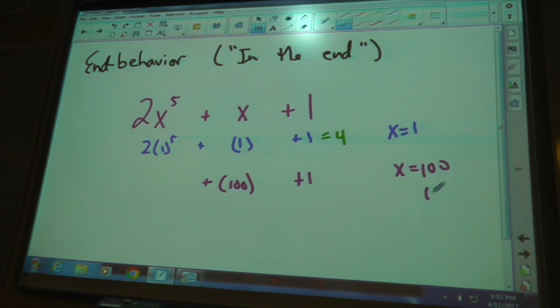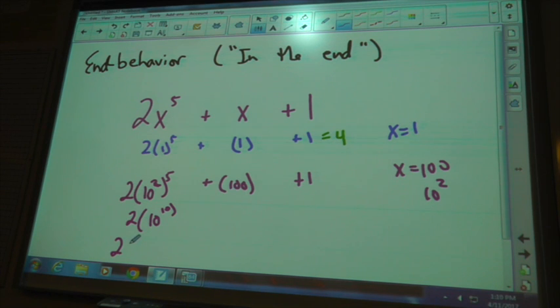What about this one? Well, another way to write this is 10 to the second power, right? So this is 2 times 10 to the second to the fifth, which is 2 times 10 to the, is it 7th power? 10th power, that's big, right?